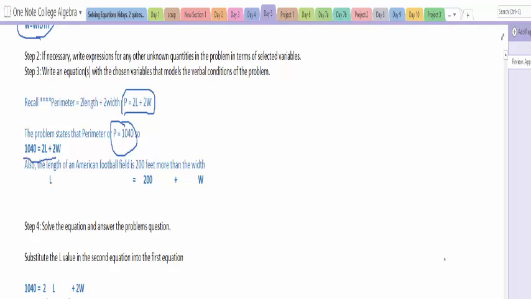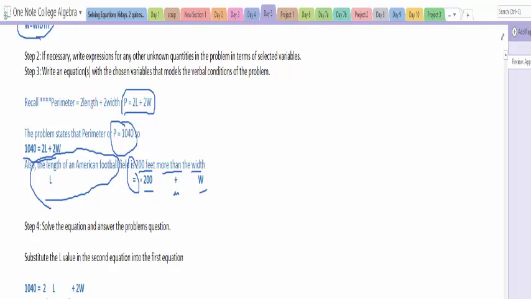And then that first sentence: the length of the football field, L, is 200 feet more than the width. More than means to add. So L equals 200 plus W, and 1040 equals 2L plus 2W.